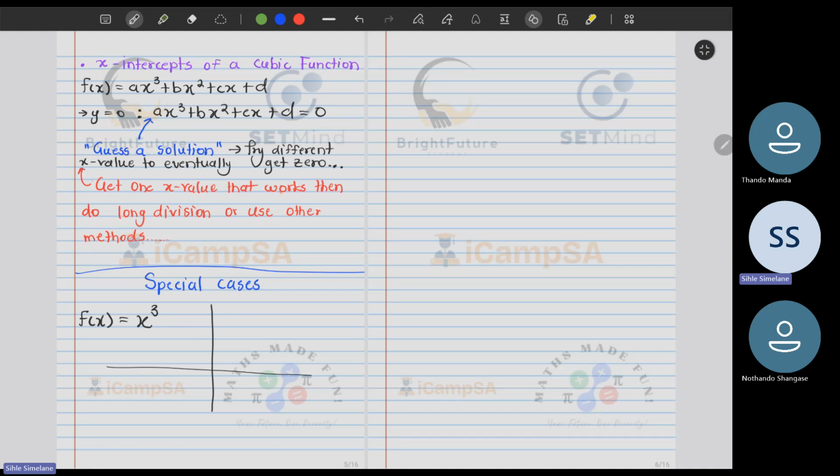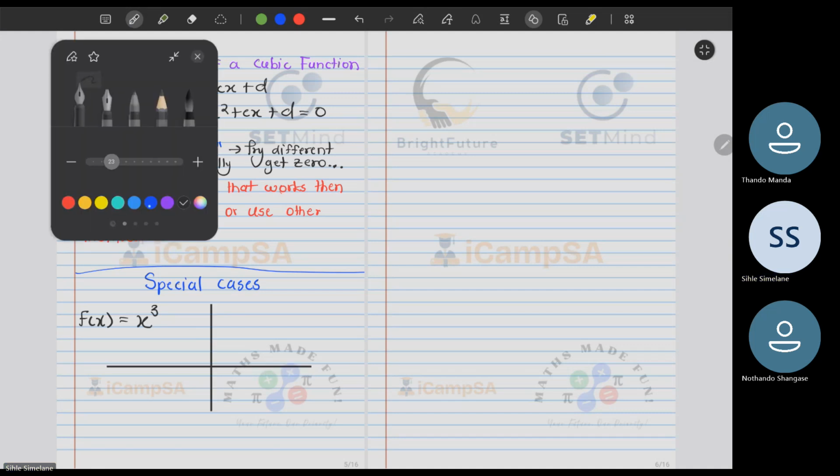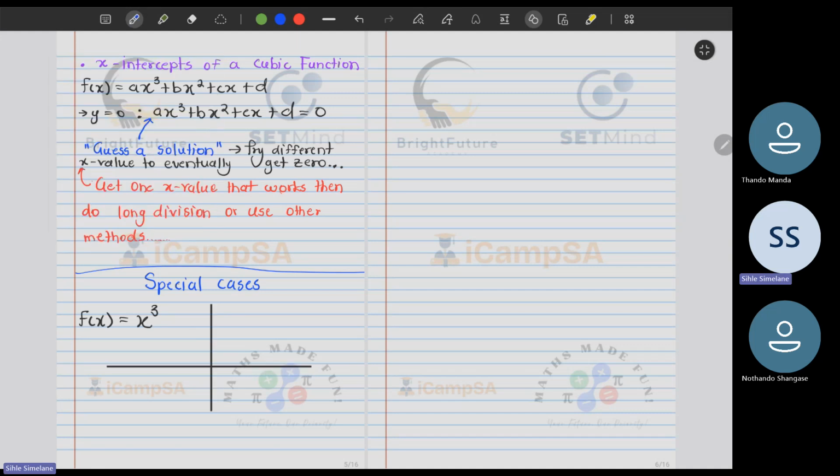So how this graph looks is as follows. If you remember, we said when our A is positive, your graph goes something like that. Okay. So because now the A is positive here, so our graph will become what just happened now. Okay. It's very strange.